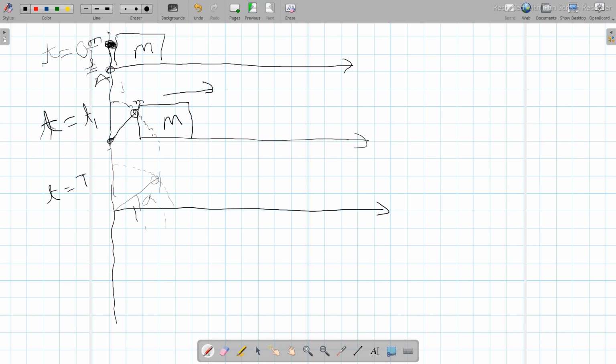At this point, these bodies are still connected but moving like this. Say that at the next instant, t plus, this angle is also alpha.